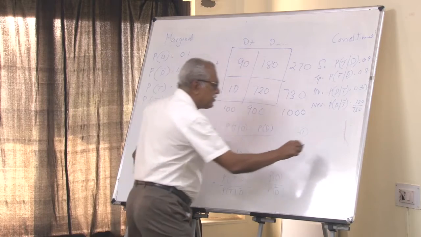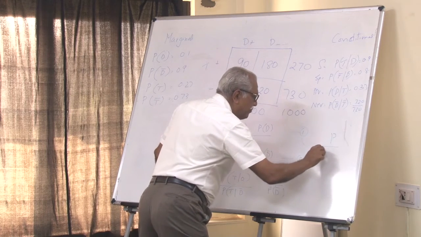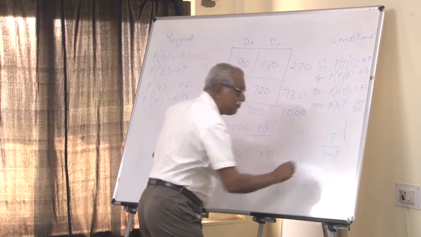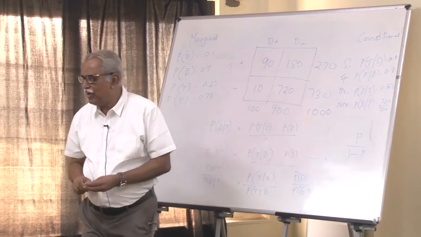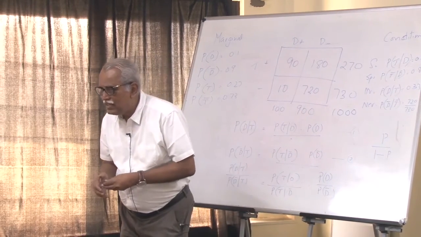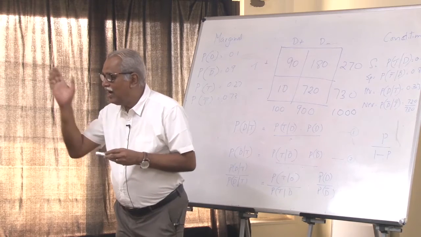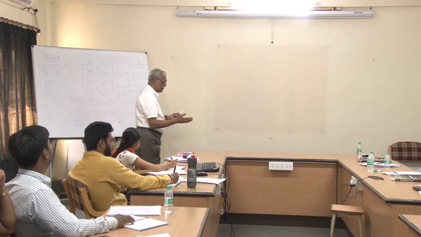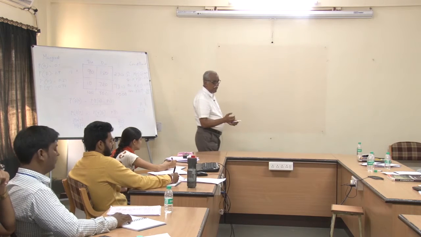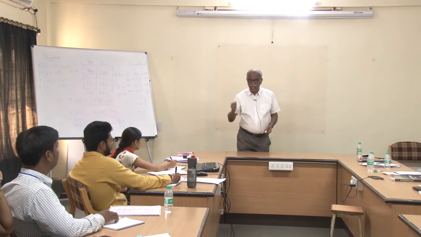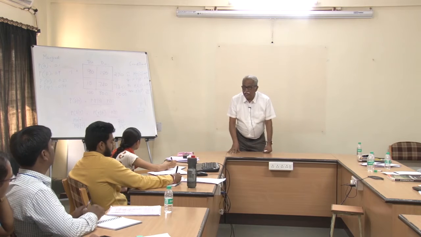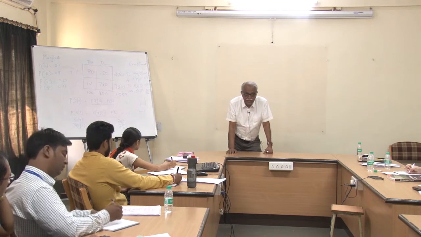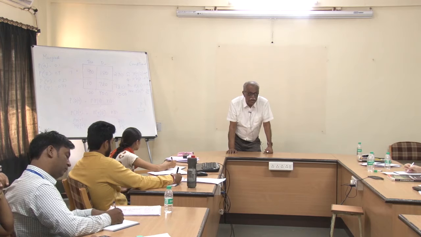I'm going to put an equation, P divided by 1 minus P. That's what you're looking for. And do you know what that is? That is called odds. Odds. If you take a die and throw it, the probability of getting a 6 is 1 by 6.